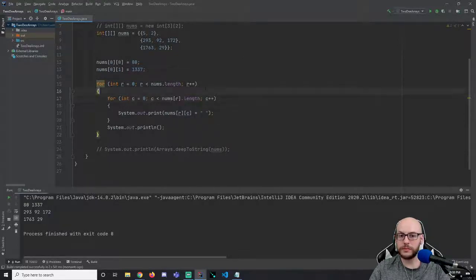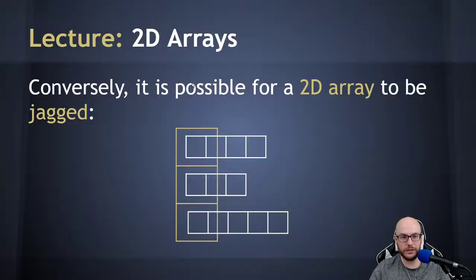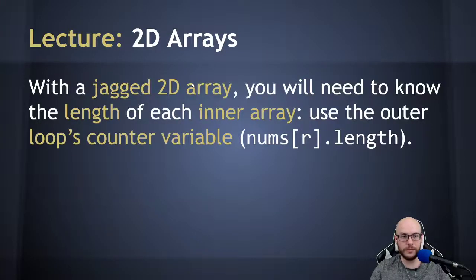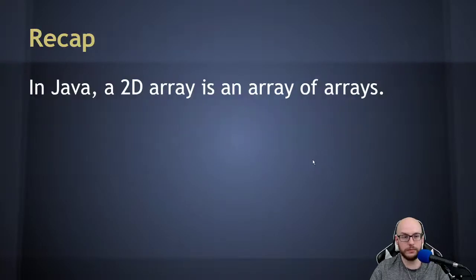For this class, for the AP exam, you should understand that those things are interchangeable. We can use R, we can do 0, because the arrays are going to be rectangular, not jagged. With a jagged 2D array, you will need to know the length of each inner array. That is, you'll need to use the outer loop's counter variable when determining the number of columns. The number of columns is the length of the row.